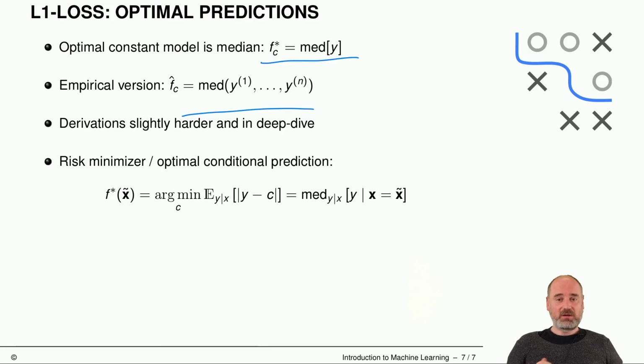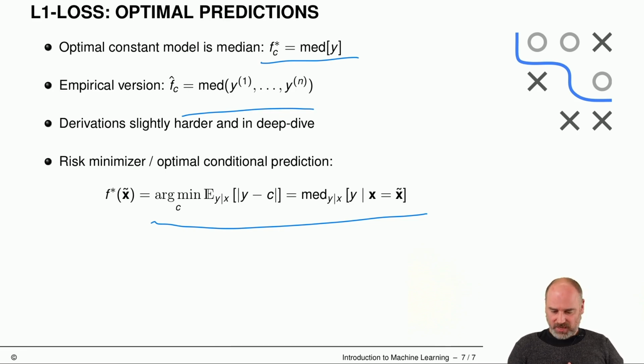The derivations are slightly harder for this. They are not impossible, but I wanted to show this to you, so you have complete proofs available. It's just super annoying to read this out in a video. They are available as a deep dive as usual on the website. You can take a look at this. I actually even did the proof twice, which you might also have to do here, once for the theoretical part and once for the empirical part. And then of course the risk minimizer conditionally is again the conditional median.